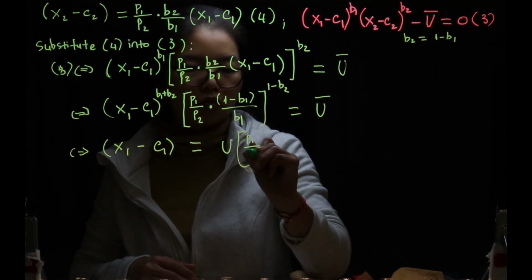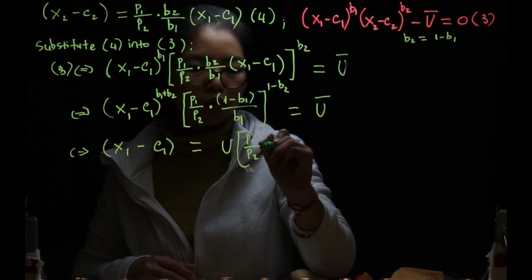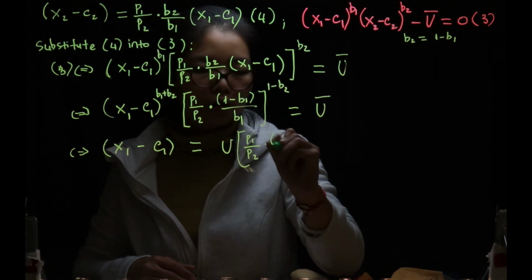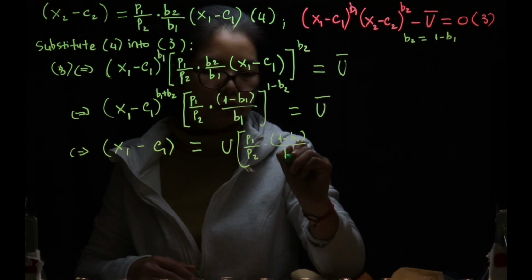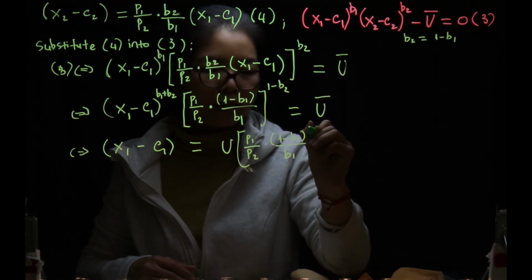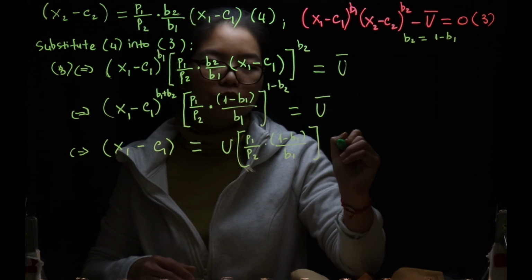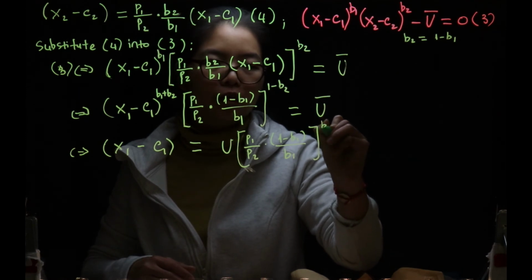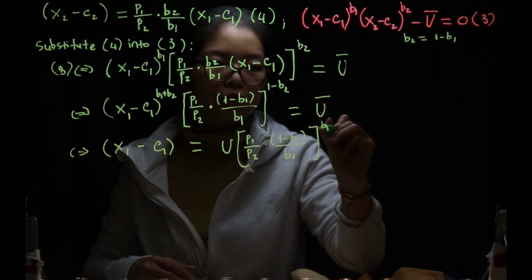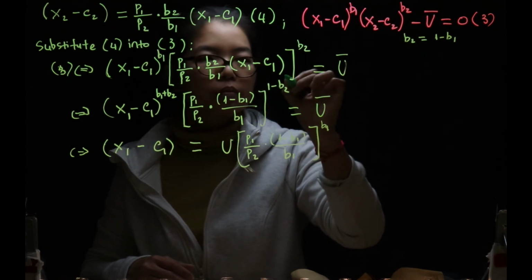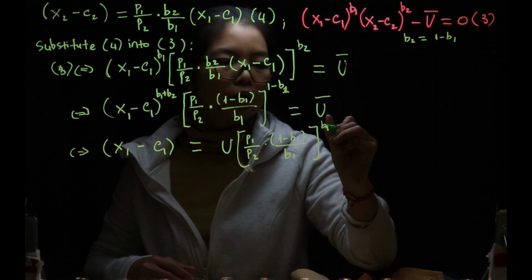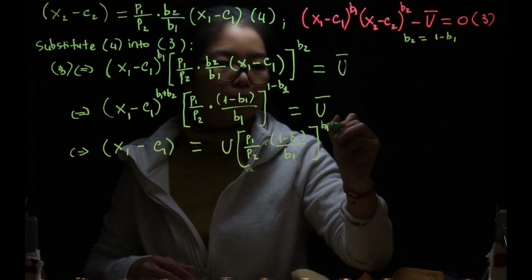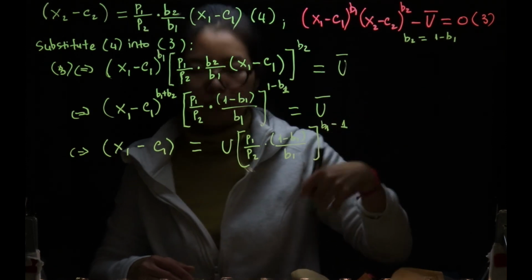b1 over b2, hold on, 1 minus b1 over b1, and then to the power of what? The reverse. This is b1. b1 minus 1, right?